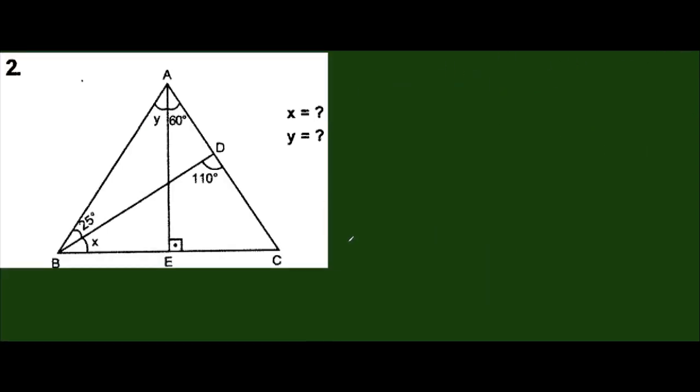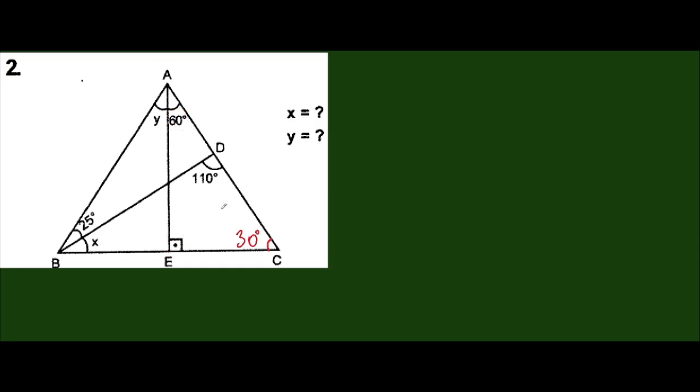The second one, this one. So again, we can find out the angle, but let's try it. So if this angle is 60 degrees and this angle is 90 degrees, this C angle automatically will be 30 degrees.